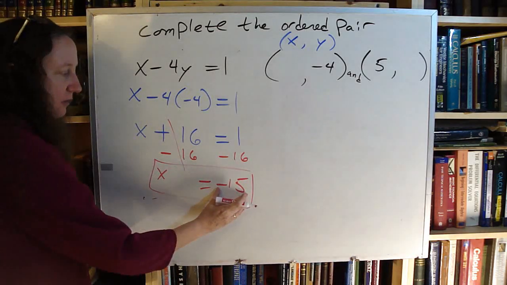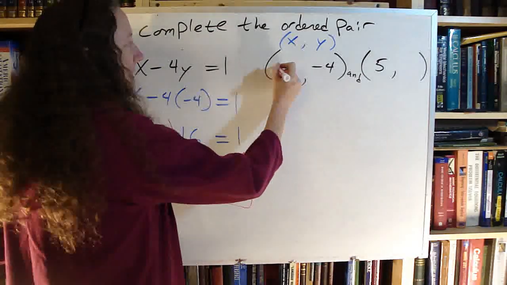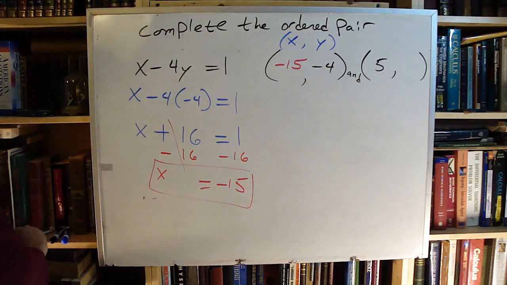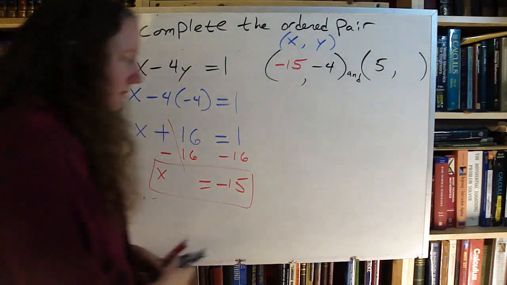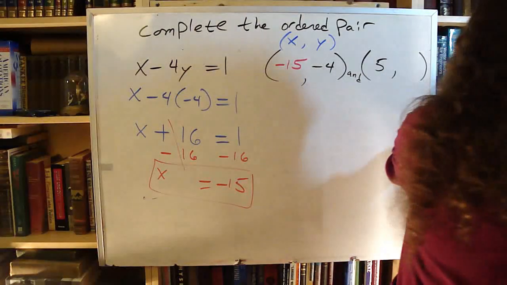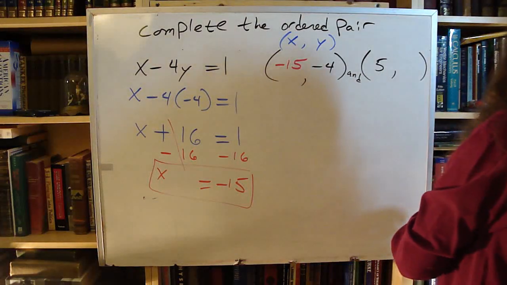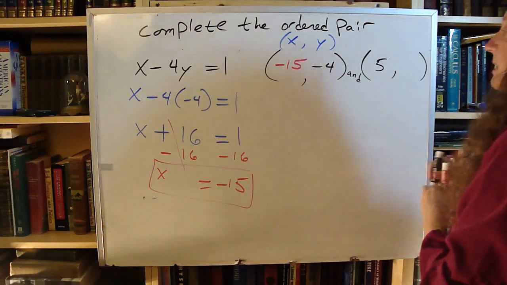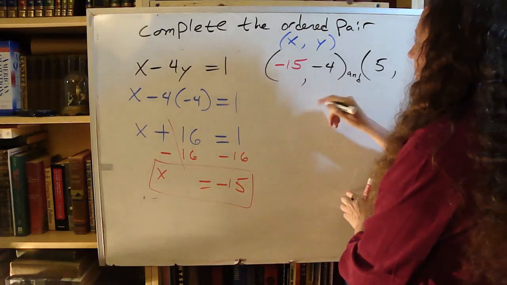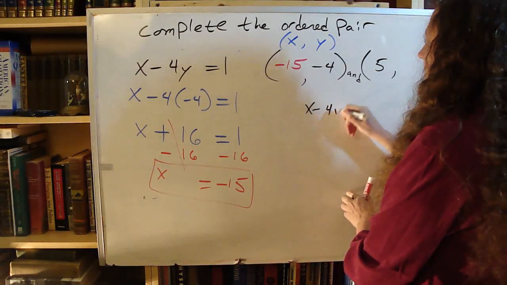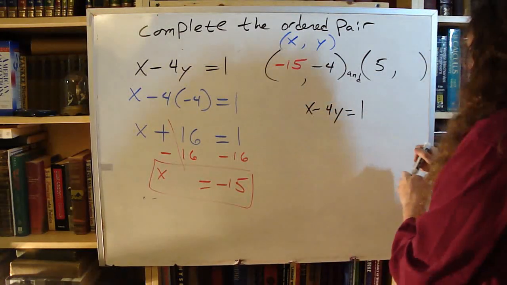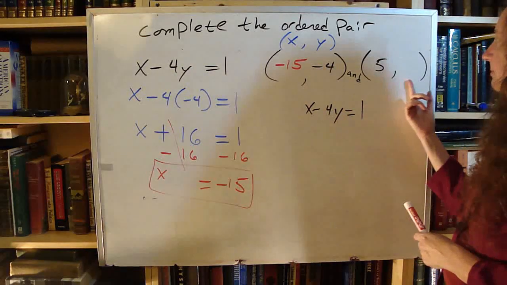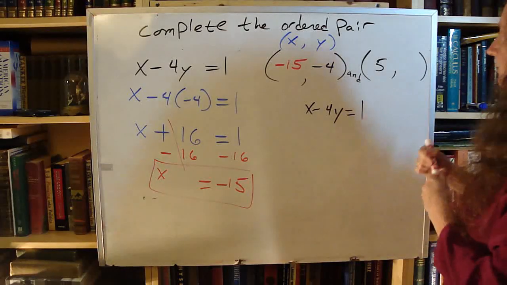So now I can take my answer from here and fill it in up here. Coming over to this side, I still have my x minus 4y equals 1. I look at my ordered pair that I'm told.